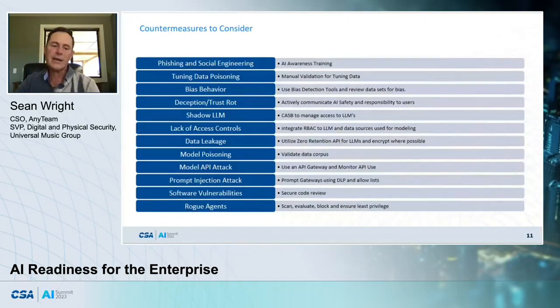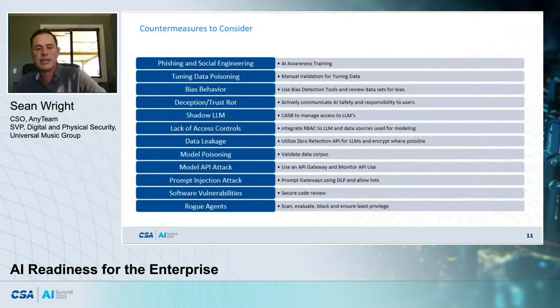So I think API attacks are going to become more and more pervasive. So having something in place where you can monitor API use and having some sort of an API gateway that's used for evaluating what your APIs are actually doing within your environment is, I think, critical.